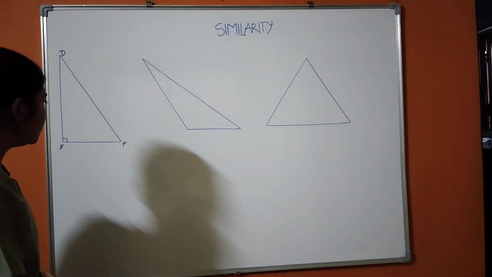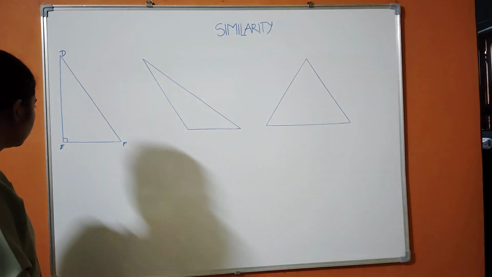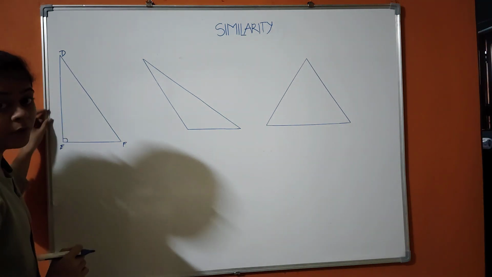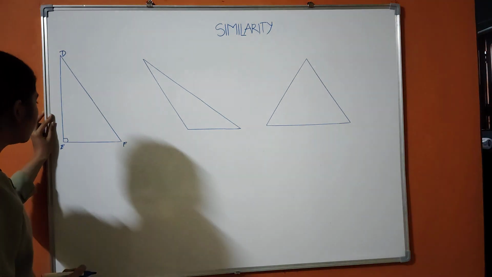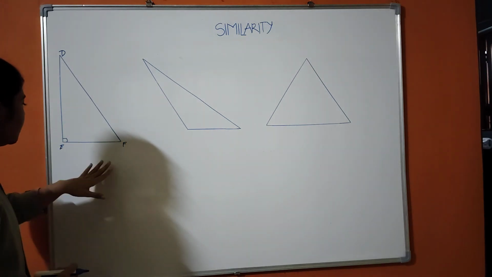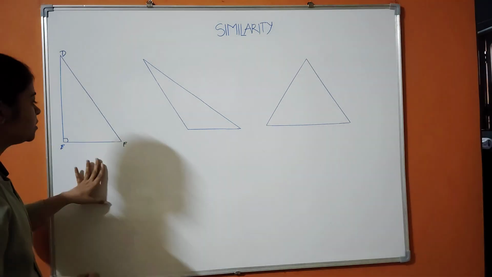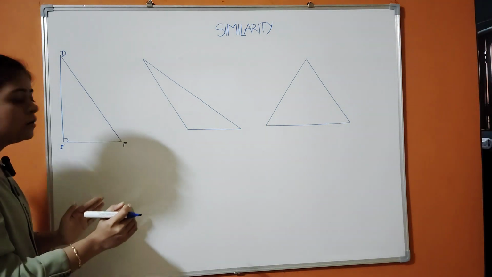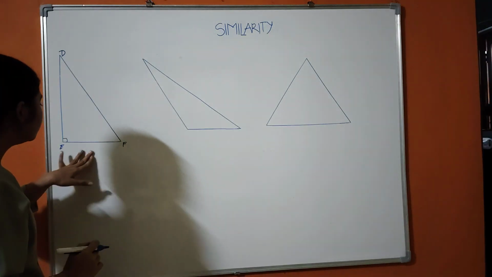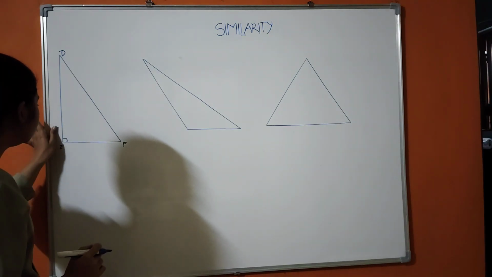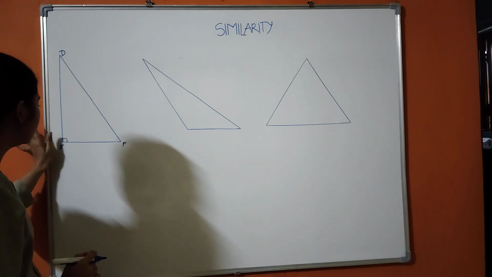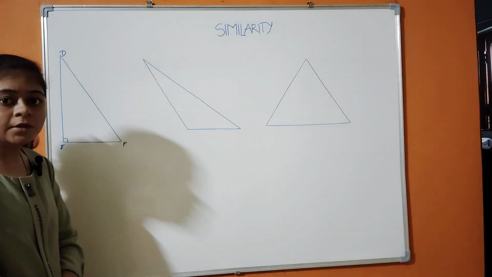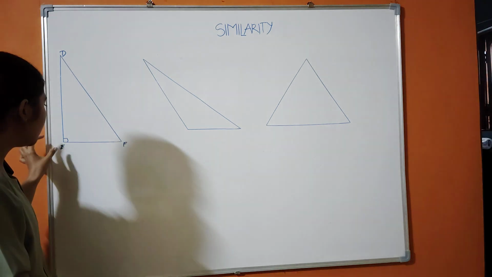Can we identify where is the height and where is the base? Height would be the perpendicular height. So DE is the height of the triangle DEF. And what is the base? EF is the base. When we turn this triangle, then EF would be the height and DE would be the base of the triangle. We can see the two altitudes inbuilt in this triangle.